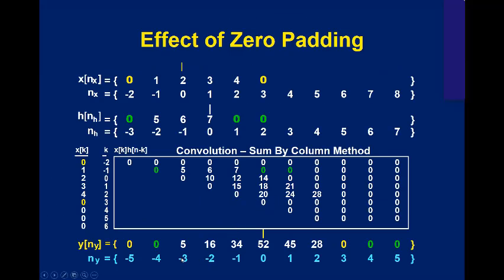And if you notice back here, compared to our original values, we got 2 extra zeros in front and 3 behind. Well, that exactly relates to what we inserted in x and h. We put 1 zero in each of those, and they ended up in front of our answer. We put a total of 3 zeros after x and h. They showed up after our convolution result in the output.